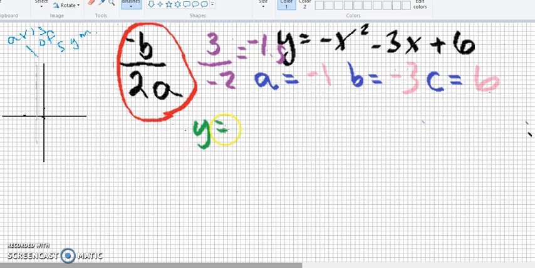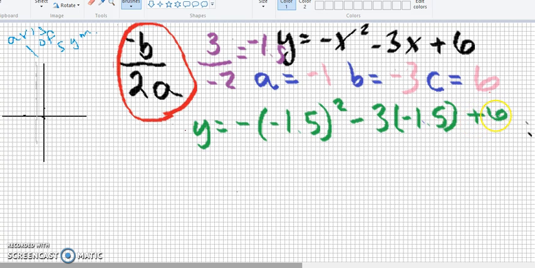Y equals -1.5, close parenthesis, and then you square it, minus 3 times -1.5, close the parenthesis, and then plus 6.